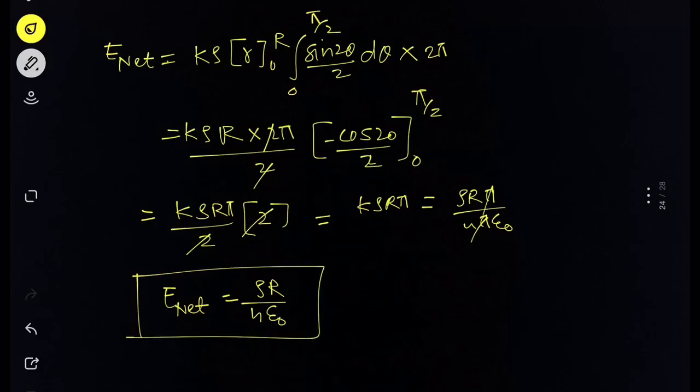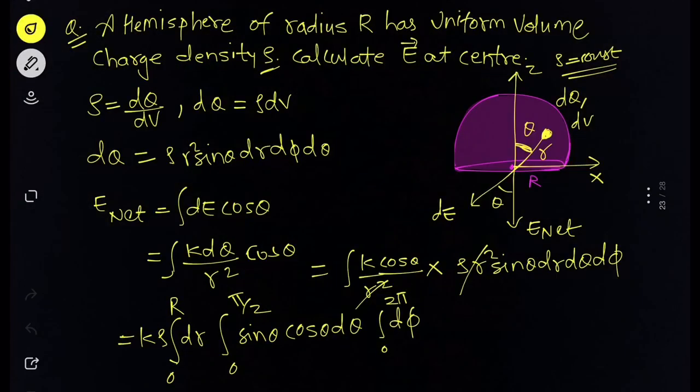See, this is the difference between the hollow hemisphere and the solid hemisphere. So here we are not discussing some cases, whether to find the electric field at some general point, because in this geometry you cannot find the electric field at some point because it is a hemisphere.